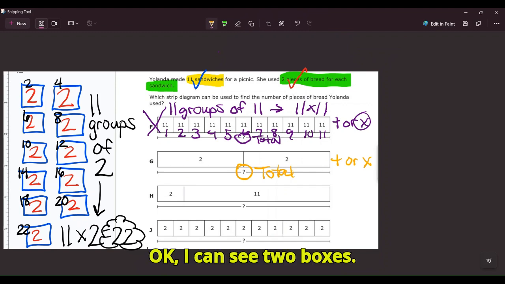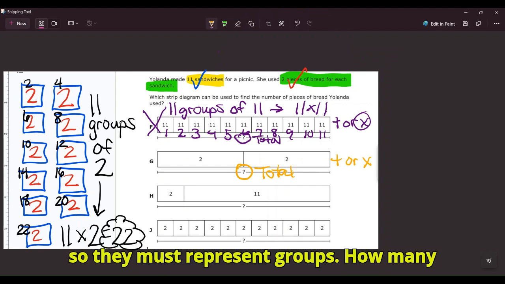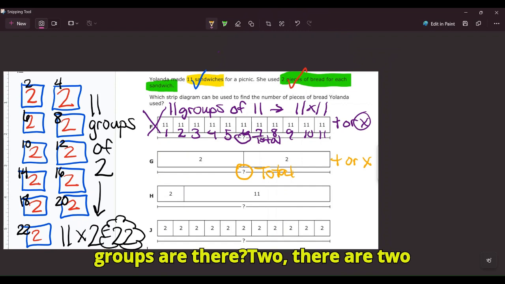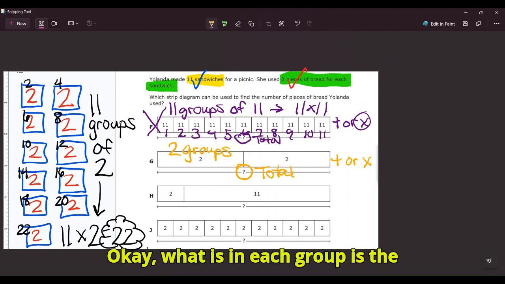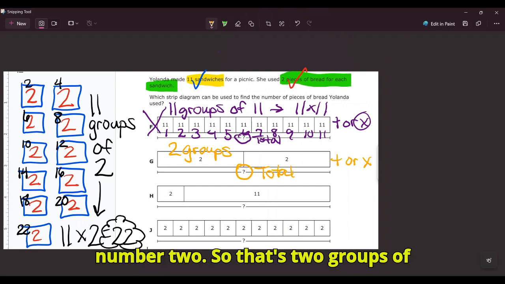Okay, I can see two boxes. Those two boxes are the same size, so they must represent groups. How many groups are there? 2. There are 2 groups. Okay, what is in each group is the number 2.